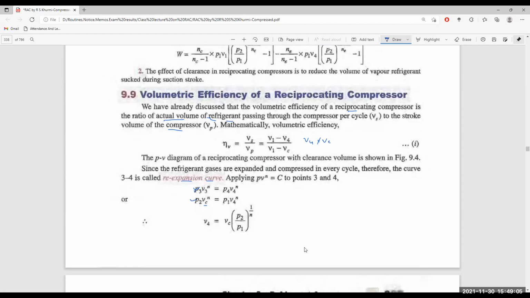So if we take V4, it will be like this: V4 to the power n is equal to (P2 by P1) into Vc to the power n, or V4 is equal to Vc into (P2 by P1) to the power 1 by n.